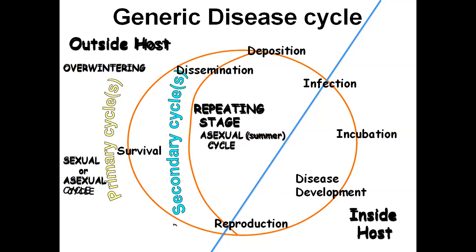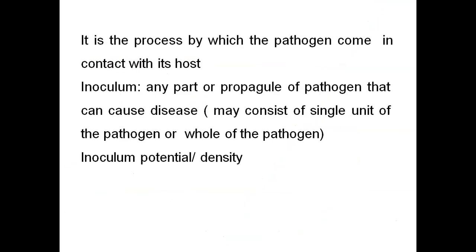Then the incubation period is there, and then disease development takes place. In this way, these secondary cycles continue as long as the crop is there. So there are several cycles.